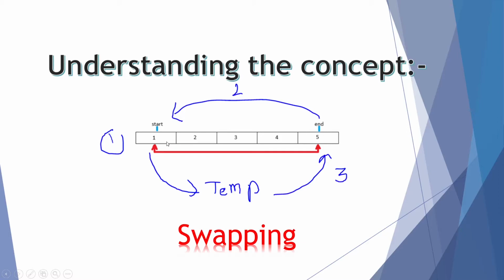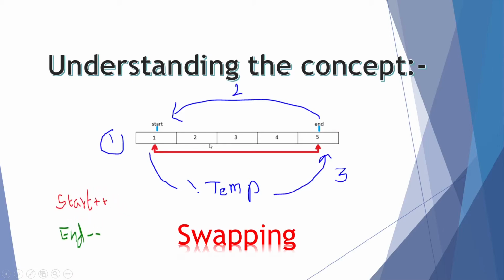The element 1 at the start pointer will be stored in temp. Now the start index is empty, so we can bring this 5 from here to start. Now the end pointer, the last index, is empty, so whatever element we have in temp, we can store it there. This way our reversing technique works.